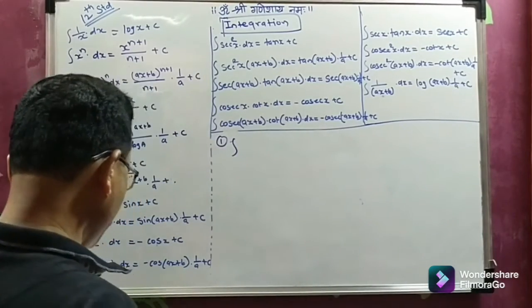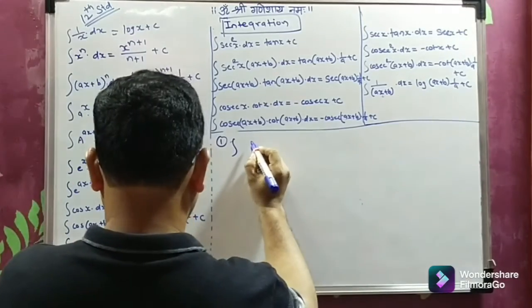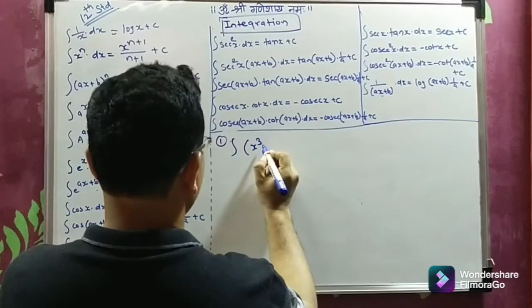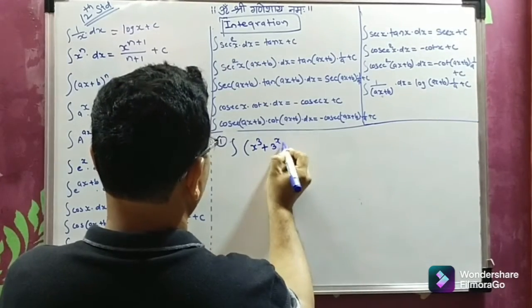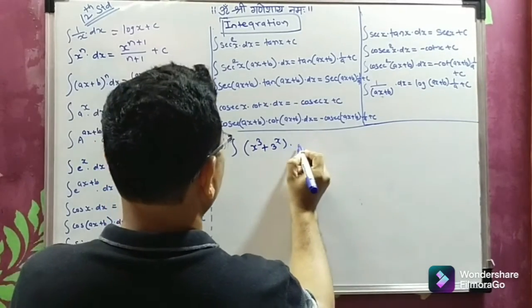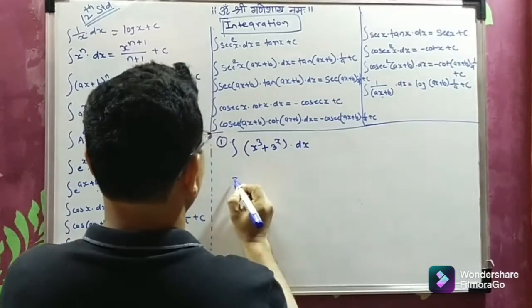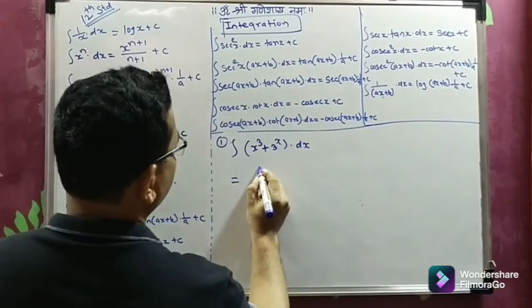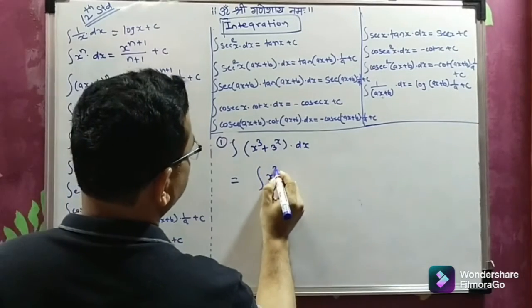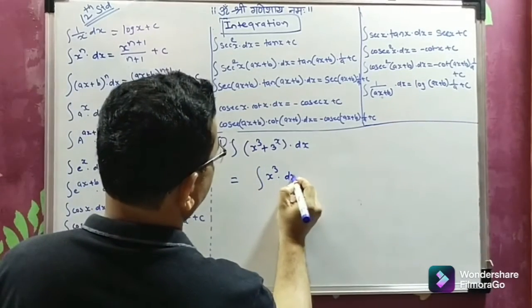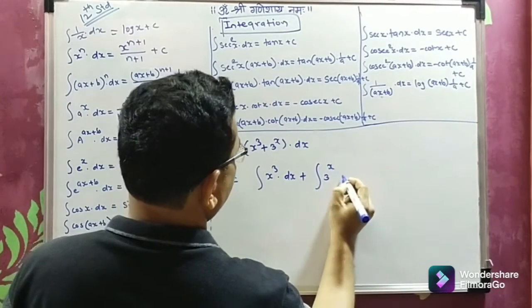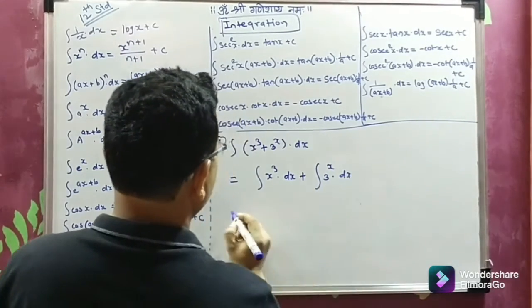Now, the first problem: we will solve the integration of x raised to 3 plus 3 raised to x. How much is it? So what we will do, we will take the integration of x raised to 3 dx plus the integration of 3 raised to x dx.